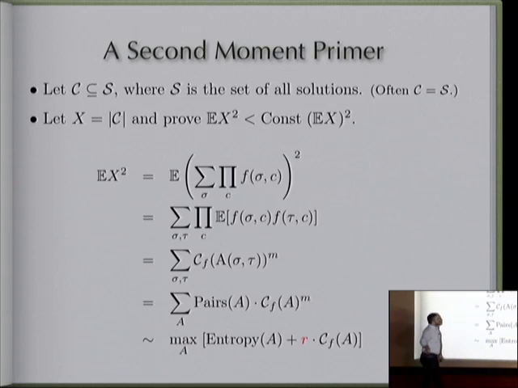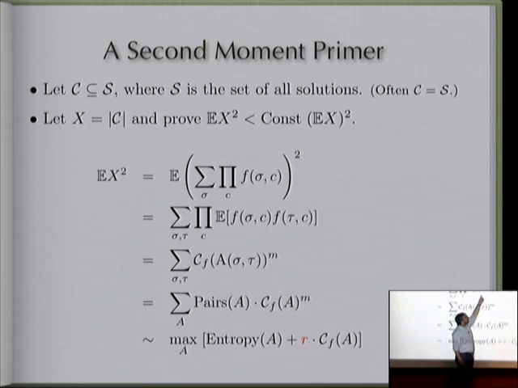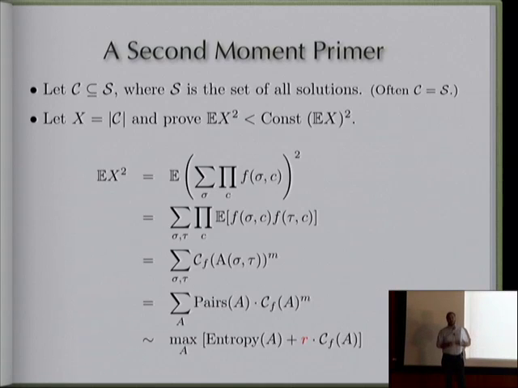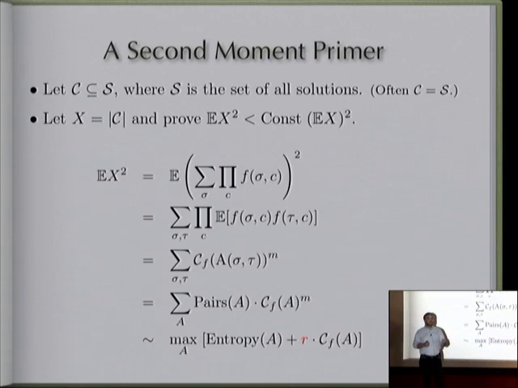And the next thing to observe is that all this expectation is saying is: fix sigma, fix tau, draw a single random constraint, and tell me what is the expected value of this function. It's not hard to imagine that since we draw the variables in each constraint completely at random, there is some kind of very simple parameter that measures the interaction between sigma and tau.